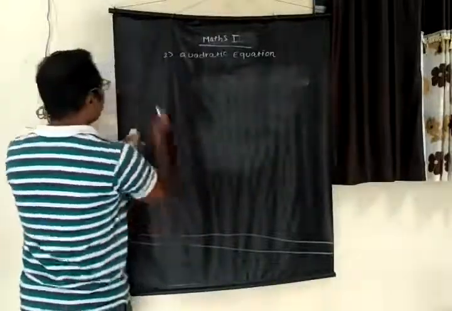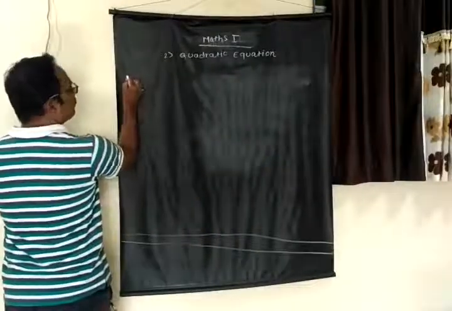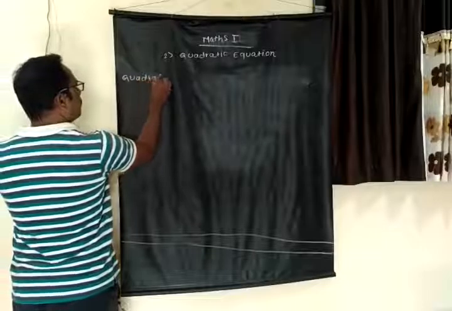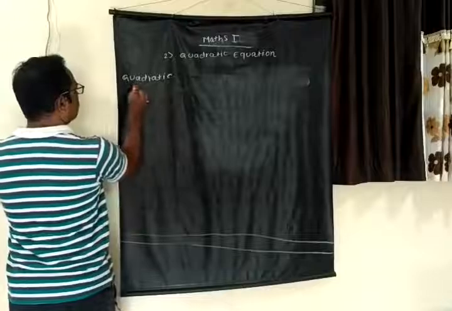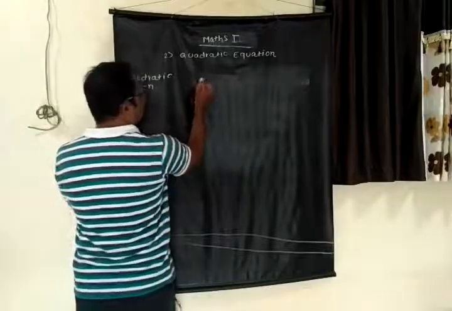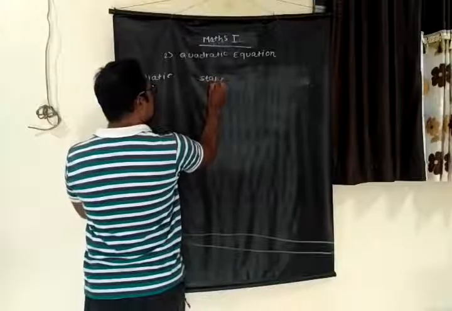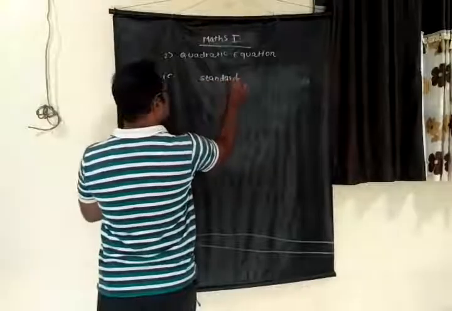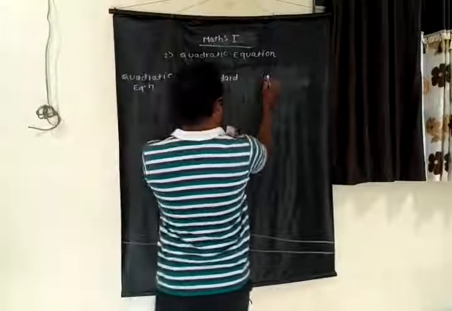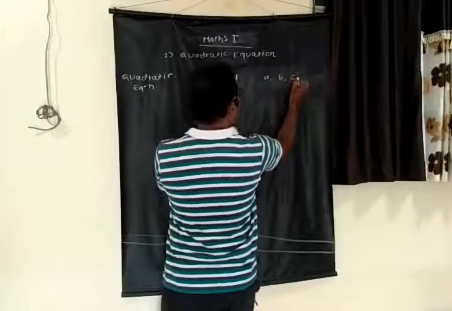So in book we have given quadratic equation. We are going to write its standard form and then values of a, b and c.